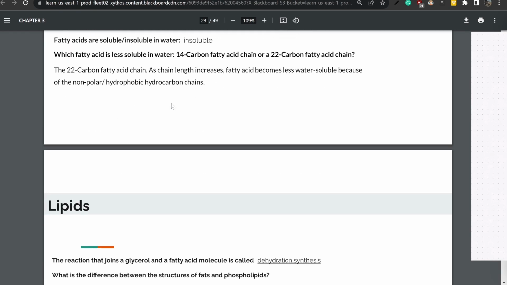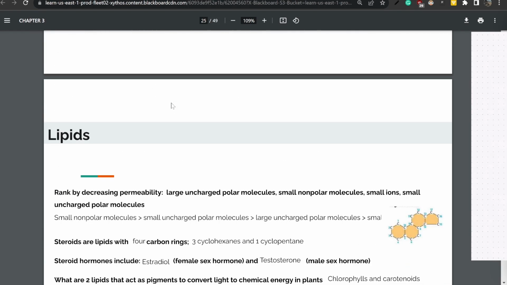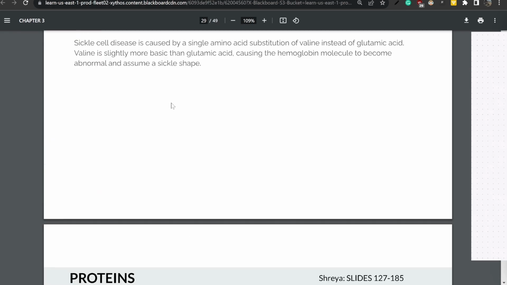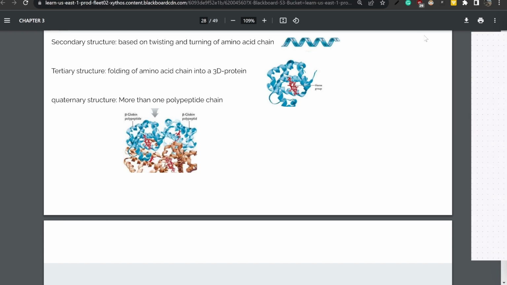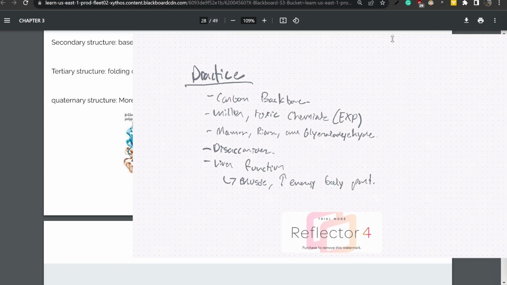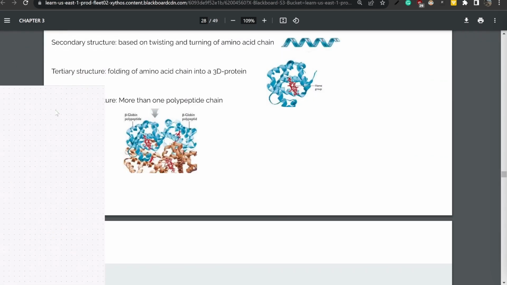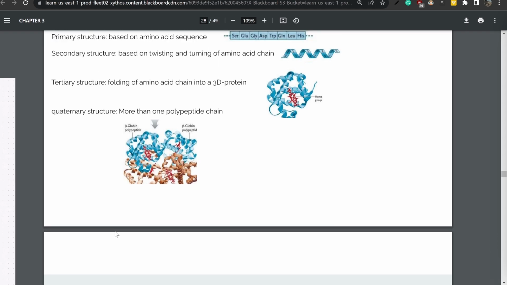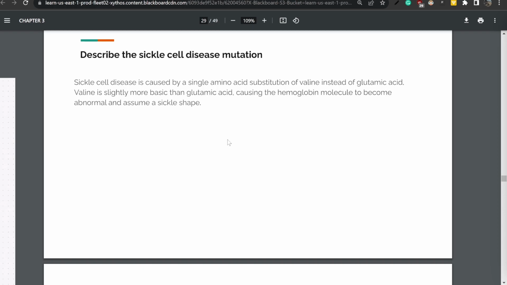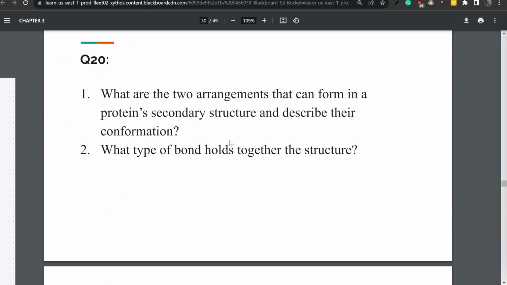Oh, they're really going in depth. Oh man, I should probably look at these later. They're going really in depth into everything. Oh, wow. Okay, how much did I just skip essentially? Okay, half of it. Yeah, I need to go through that.